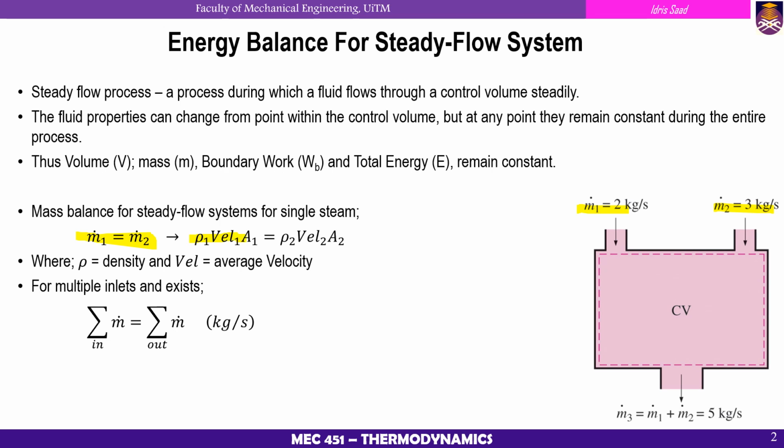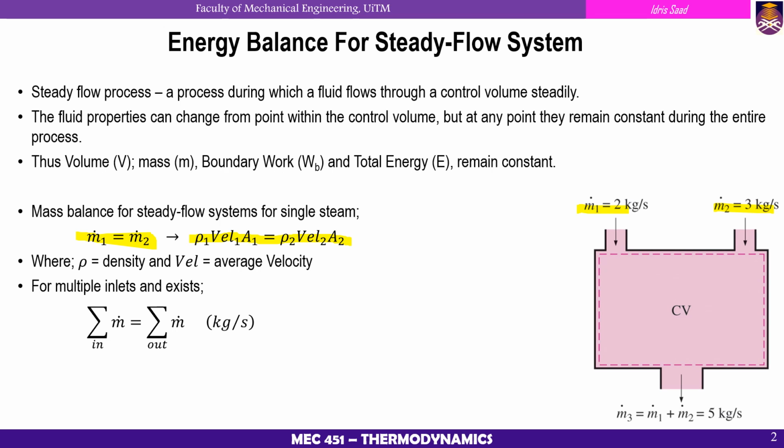at state number 1 multiplied by velocity at state number 1 multiplied by cross-sectional area at number 1 must equal to the velocity at state number 2 times density at state number 2 and cross-sectional area of the exit system. So, this equation is specifically for the single inlet and single outlet of the open system for a steady flow process.